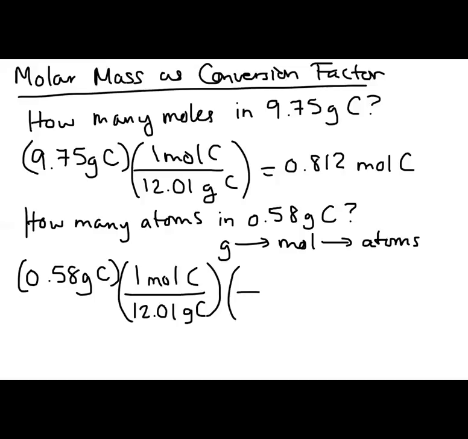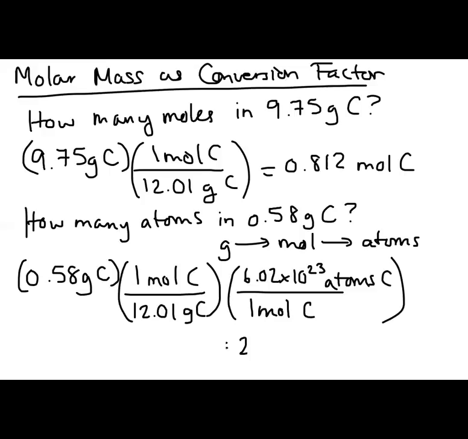And now we go to atoms by saying 1 mole of carbon has 6.02 times 10 to the 23rd atoms of carbon. And that's going to give you 2.9 times 10 to the 22 atoms of carbon.